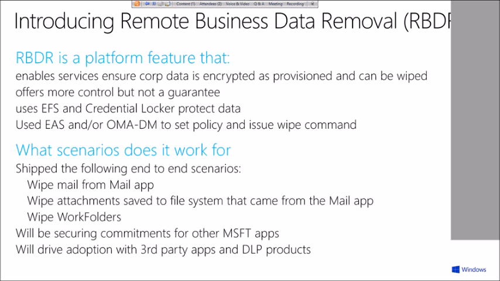Now, let me explain several real world scenarios. So imagine you as a company, as an enterprise, you're using work folders, or you're utilizing the mail app and you get several attachments on it, right? So what happens traditionally is that an employee who has a lot of PII data from the company leaves the company.